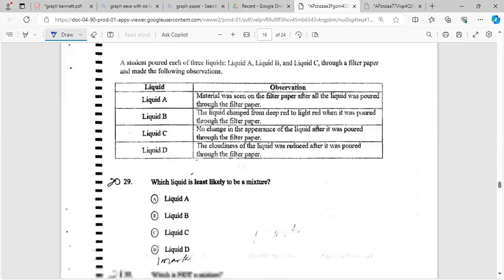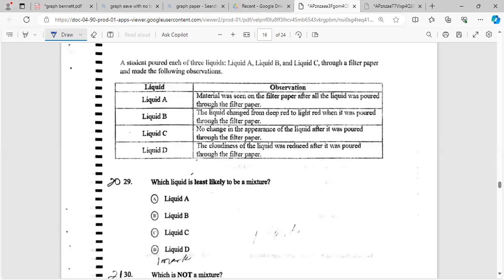Alright, let's move on to 29. A student poured each of 3 liquids, liquid A, liquid B, and liquid C, through a filter paper and made the following observations. Liquid A: material was seen on the filter paper after all the liquid was poured through the filter.